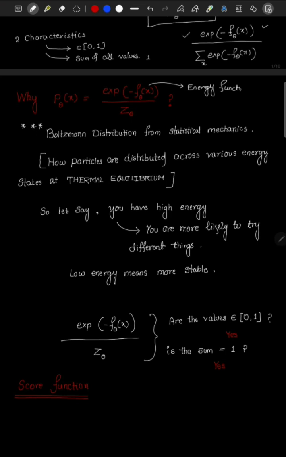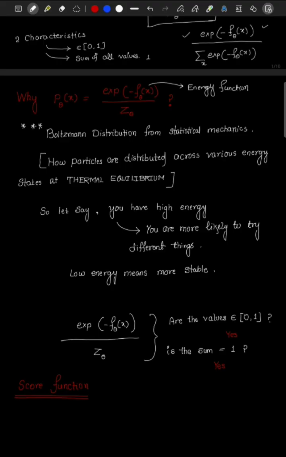What does it mean? Here I have given one example: if you have high energy, then you are less likely to be stable, whereas if you have low energy, then you will be quite lazy. This is the intuitive idea of this particular function.